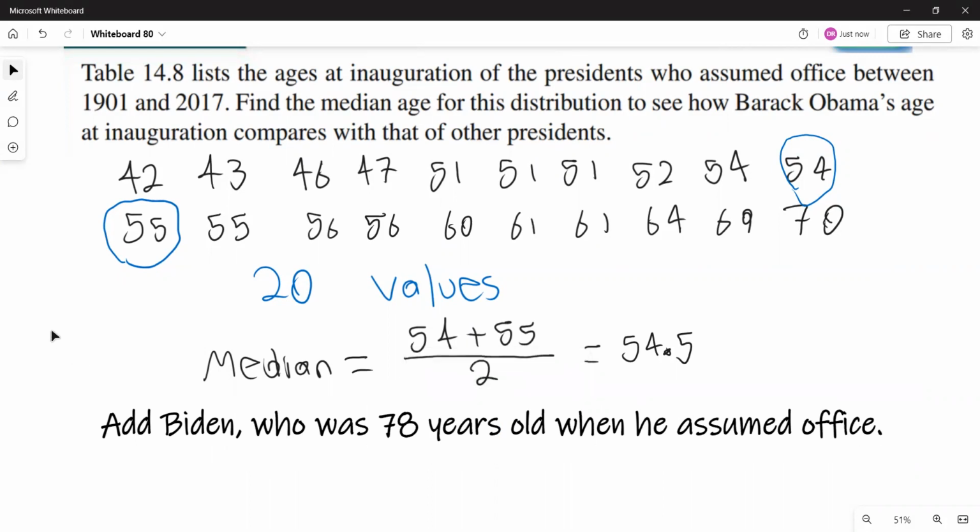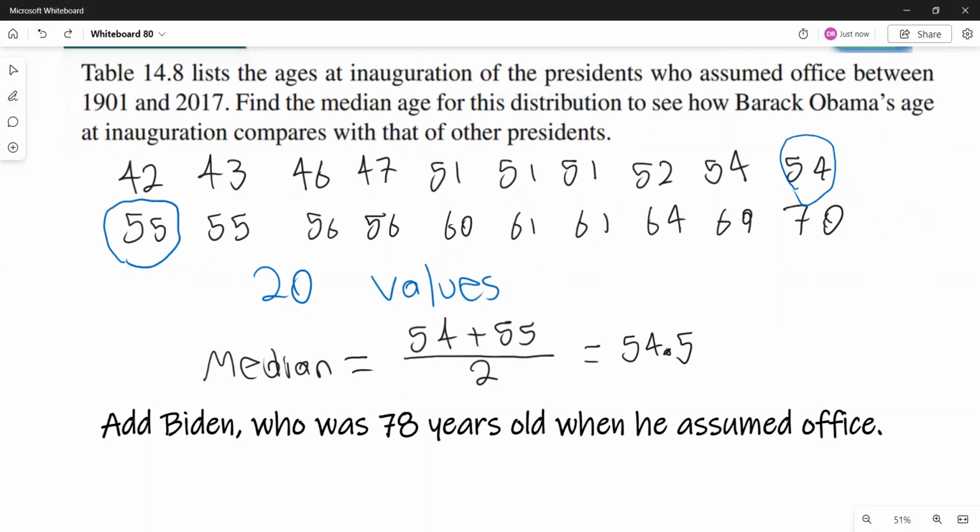So we're going to have another value. We're going to have 21 values, and the median will be the 11th value. So just pick the middle value, and the median is going to be 55.